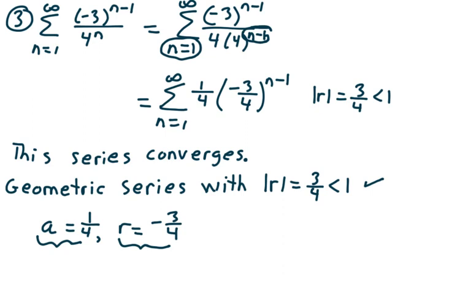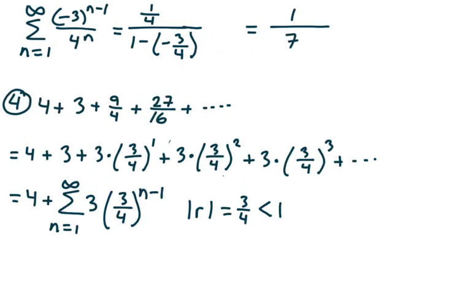The absolute value of r is equal to 3/4, but r itself, in this case, is negative 3/4, which is totally fine. And so the summation from n equal 1 to infinity of negative 3 to the n minus 1 divided by 4 to the n is equal to 1/4 divided by 1 minus negative 3/4. And if I simplify that, I get 1 over 7.